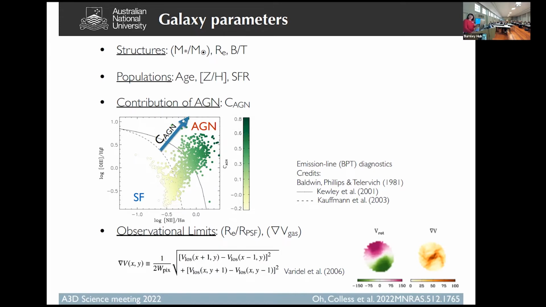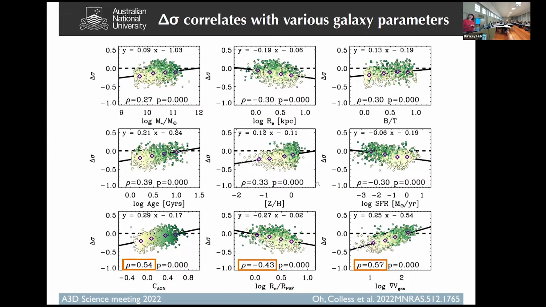Here the CAGN is measured as the departure from this dashed line, separating star formation and AGN. I also introduced 2 other parameters, which are related to the observational limit of the spectroscopy, so-called beam smearing.